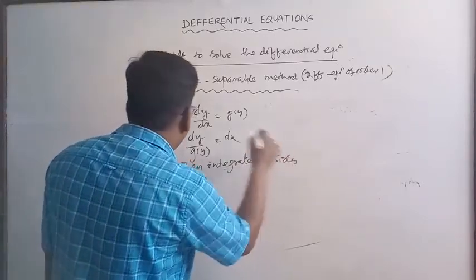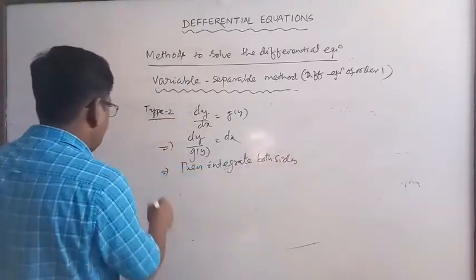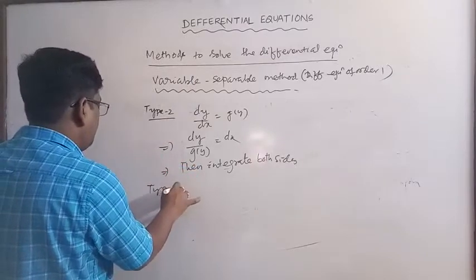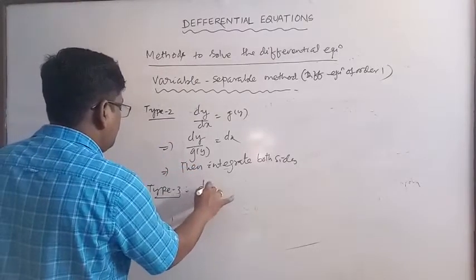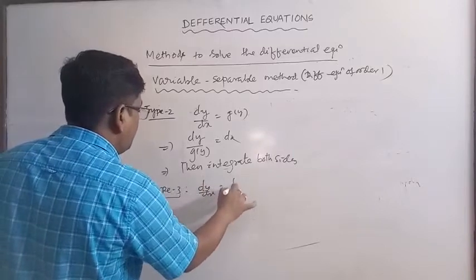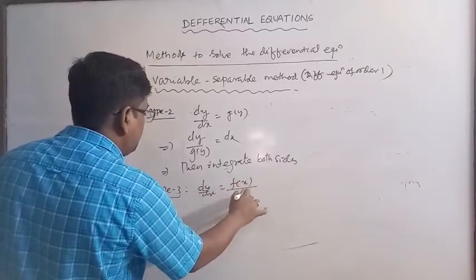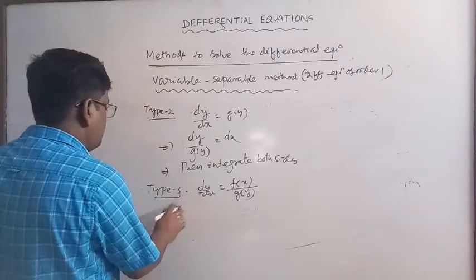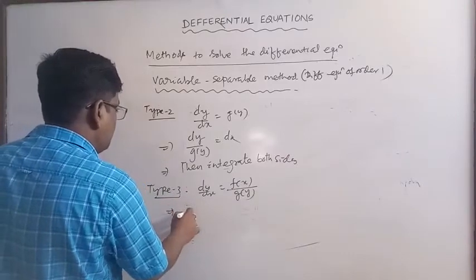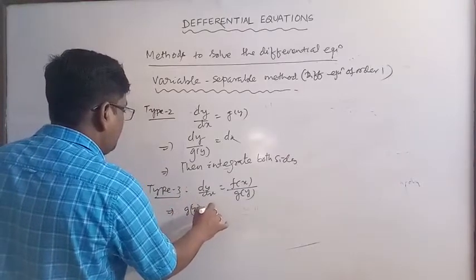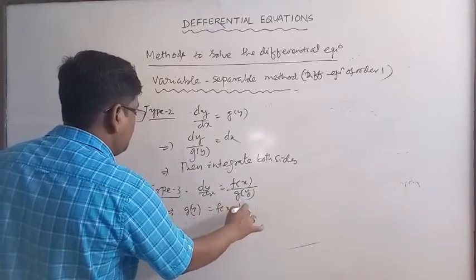This is type 2. And type 3: dy by dx is equal to f of x by g of y. That implies g of y dy is equal to f of x dx.